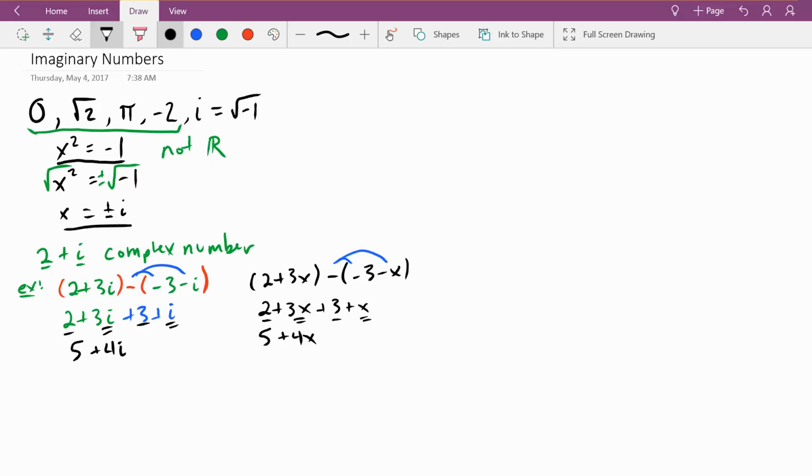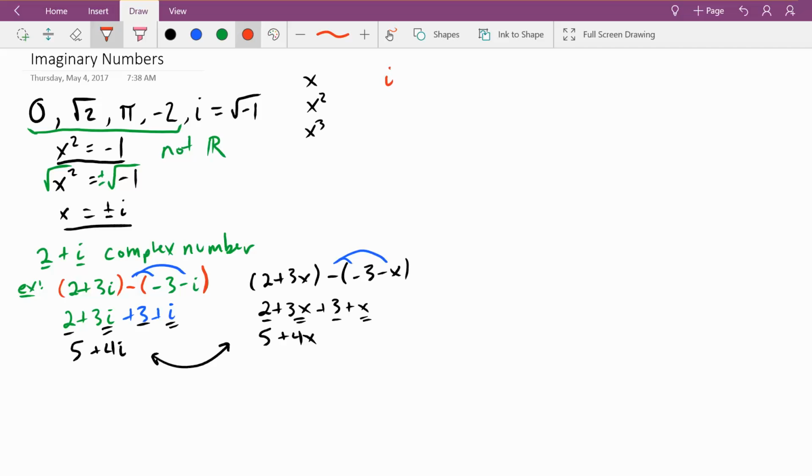Pretty simple, right? Just like we combine variables, we can combine imaginaries. One difference, however, if I had x, I could only combine it with like terms with x's, x squareds with x squareds, and cubes with cubes. However, with imaginaries, if I have an i, really I can't do anything else with it.